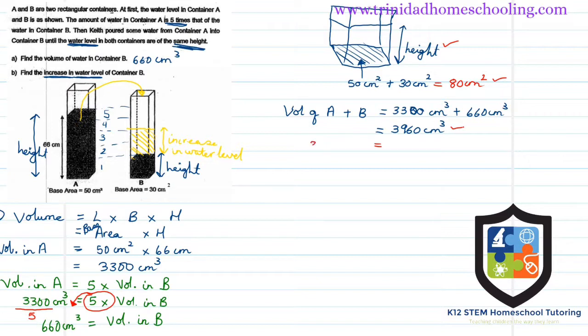Volume, we know, is the volume of A and B. The area is 80 centimeters squared multiplied by some height, which is what we don't know. Now this height here in B will be the total height. So let's look at what H is.